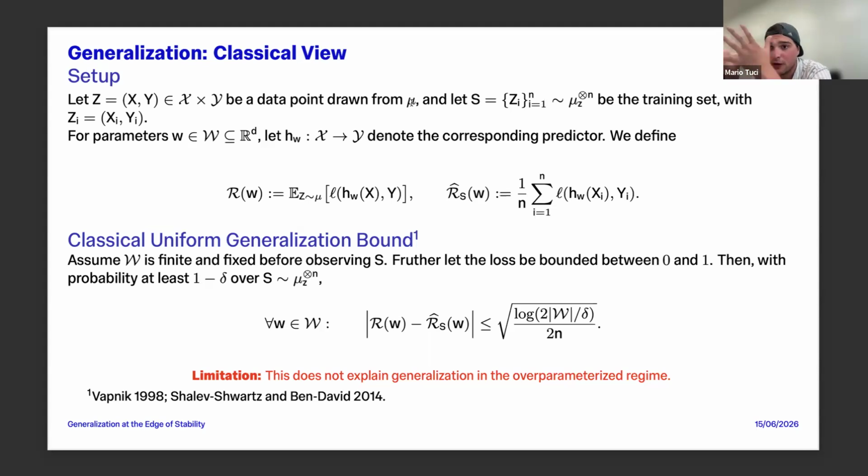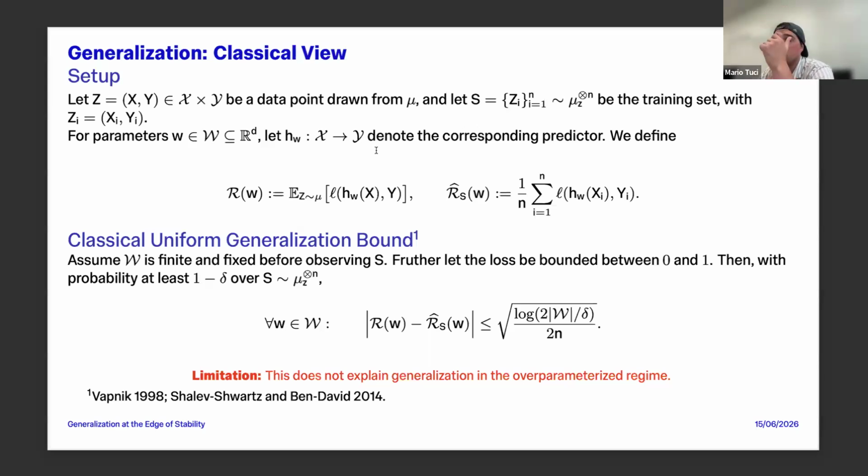That is basically what we want to learn in the end. What we have access to is n data points coming from this distribution. This here means the product measure, which just means that those samples are drawn independent and identically distributed. So we have access to this training data.